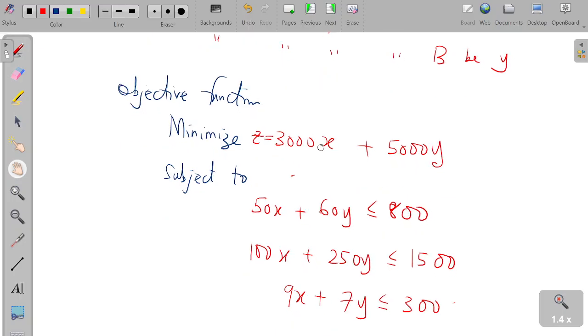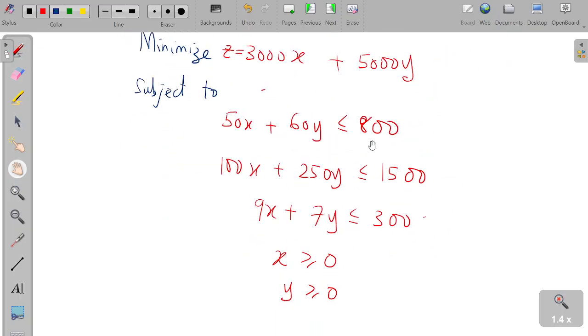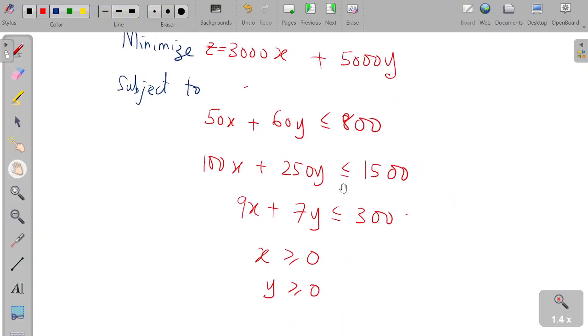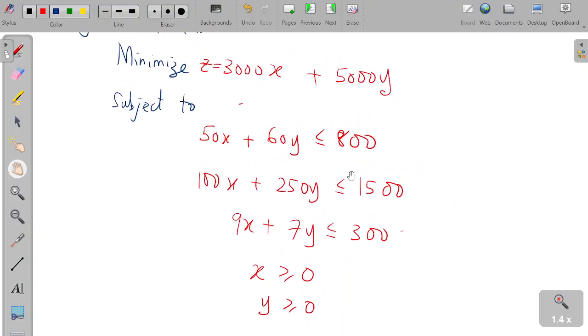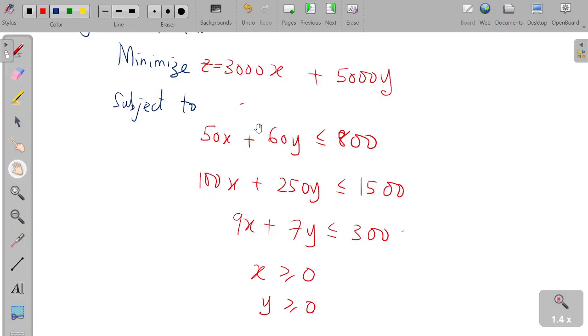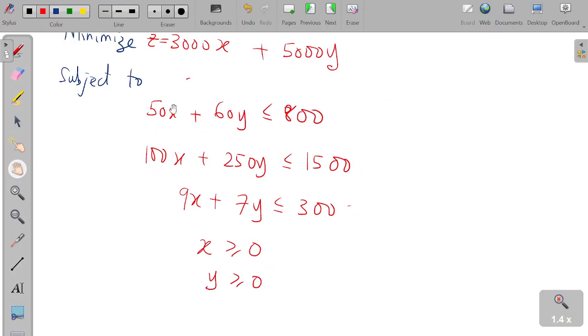So what we need to do now is to solve this with the graphical method, drawing the graph of the constraints. After drawing the graph of the constraints, we look for the feasible region and then the corner points of the feasible region.